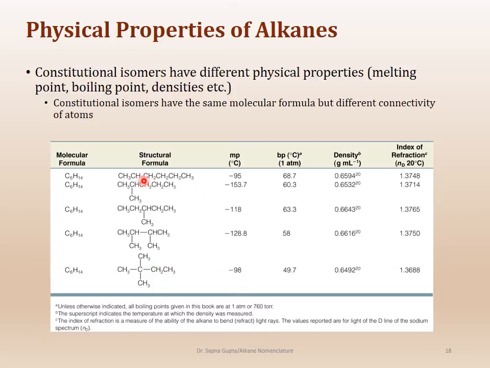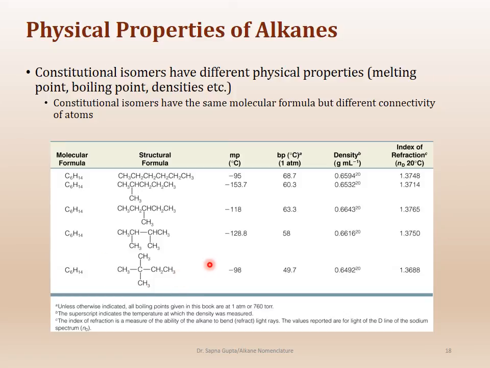So look at the boiling points of all of this. The boiling point here is 68.7, and then as the branching increases, the boiling point goes down. This is going down because this compound, hexane, is a straight chain compound, has more surface area, and therefore has better intermolecular forces than a branched one will.